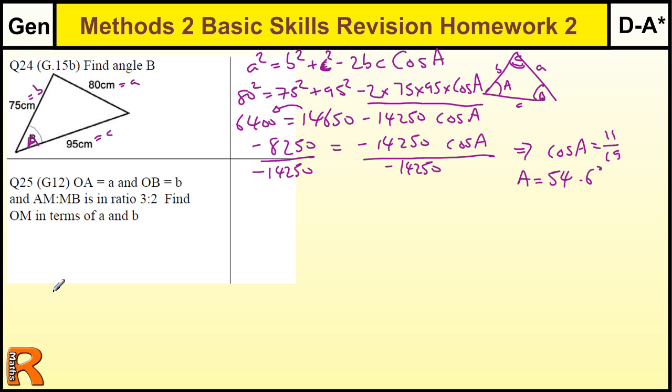Okay, last question. Unfortunately I didn't draw a diagram for this, which I think confused some people when I gave it to them to do. So if you just put O, A and B anywhere, it doesn't really matter.